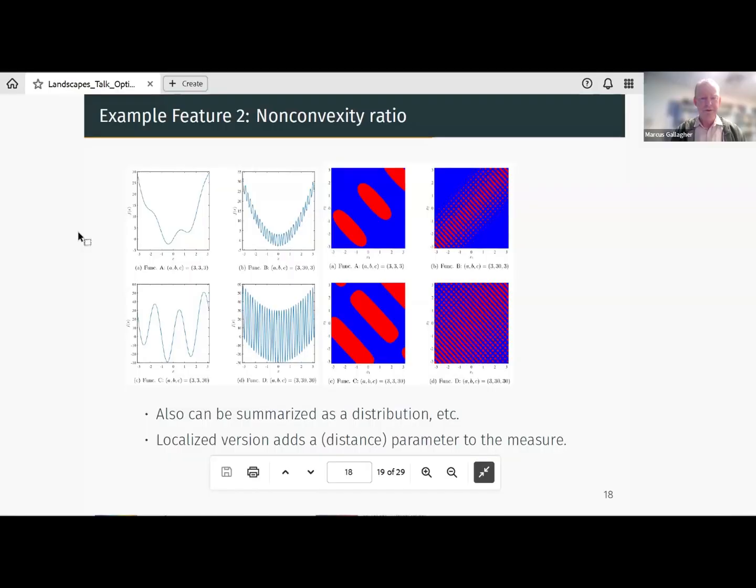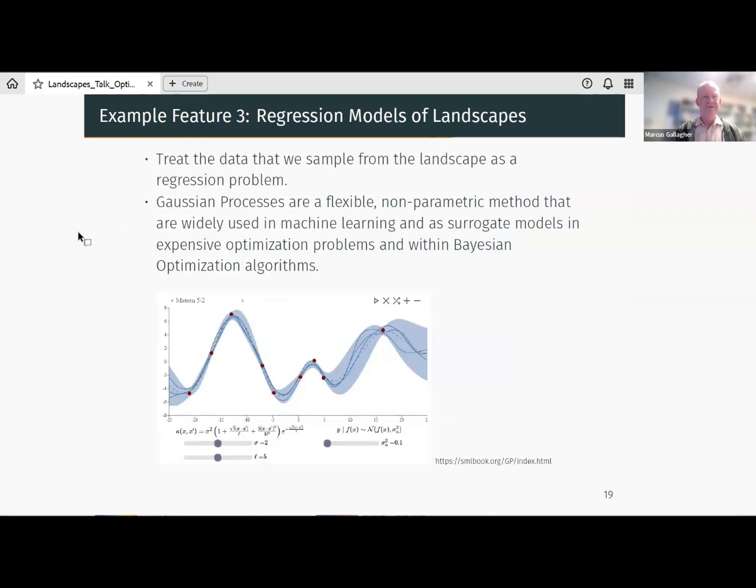Okay, so this is this non-convexity ratio feature, and then finally, we have this idea that it might be good to go the machine learning way and use a regression model to actually model the landscape, something like a surrogate.